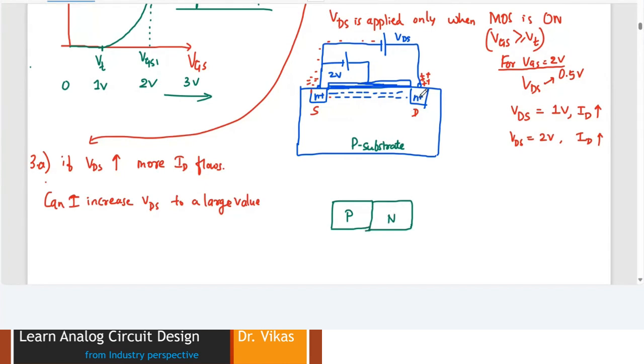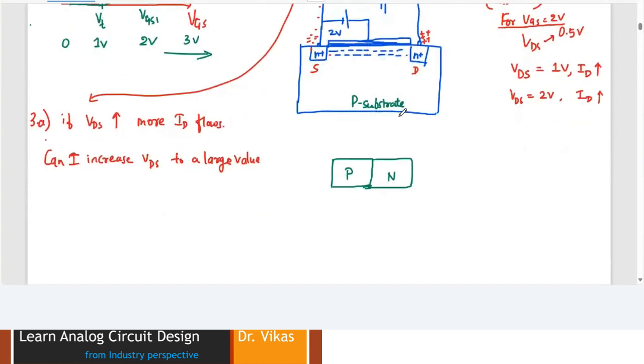Now, are they not internally behaving like a PN junction diode, if you observe? Correct? And more importantly, always remember the P substrate or the body has to be always connected to either ground or to the lowest potential within that particular MOSFET.